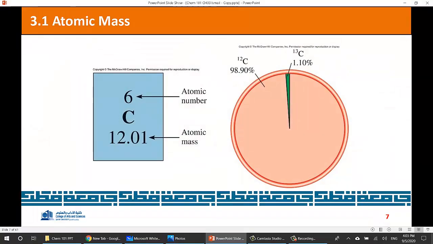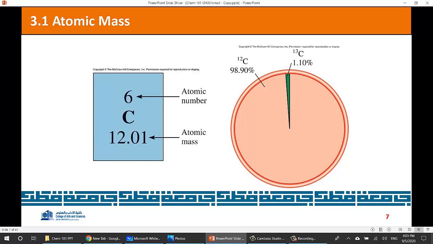As you see in the periodic table here, carbon has an atomic mass of 12.01. This is of course the average atomic mass, because carbon consists of more than one isotope: carbon 12, carbon 13, carbon 14, and so on. Carbon 12 makes up most of the carbon in nature, almost 99%, specifically 98.9%.